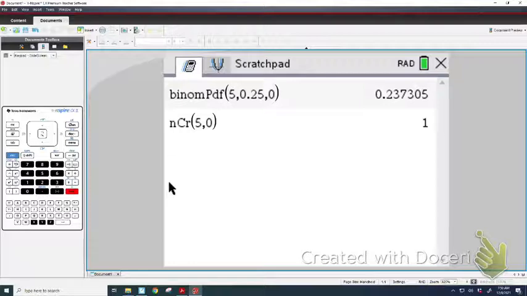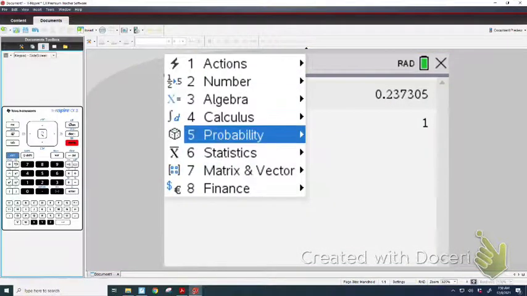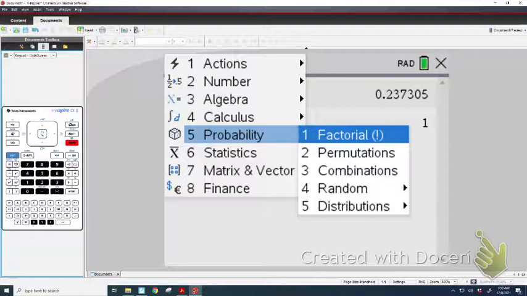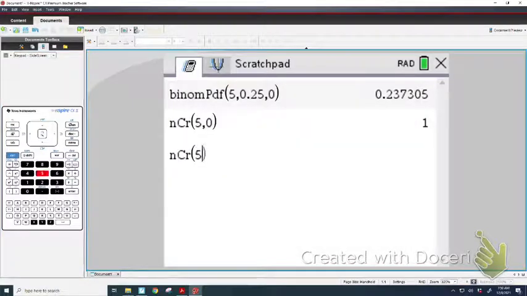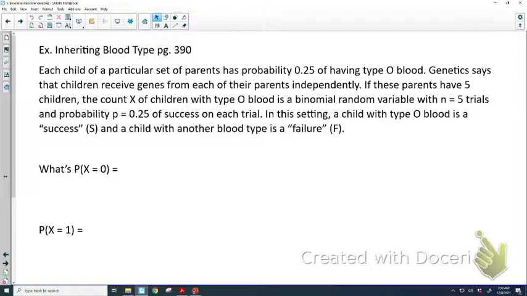Notice it would not be fun if I wanted to do, for example, 3 successes. 5, 3 kids having type O, 10 ways. I'd be sitting there with 5 blanks, shuffling 3 S's around 10 different ways. Chances are I'd miss one. This is very nice. All right, let's do one more and we'll stop.